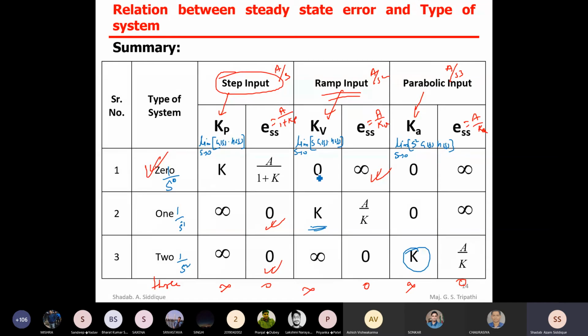Here also you can see, if this is s to the power 0, here we are having s, so this will become 0. s to the power 1, the s cancel, this will get K. s square, s to the power 1 and s square, we get s in the denominator, that will become infinite. So you can do the analogy, go through your analogy and try to see.